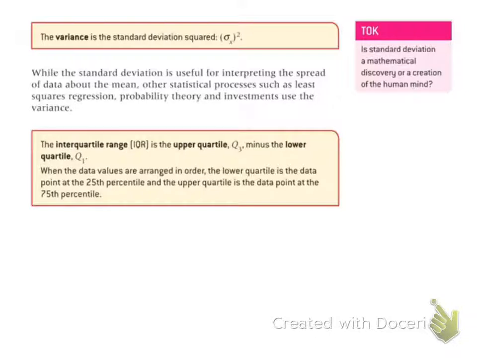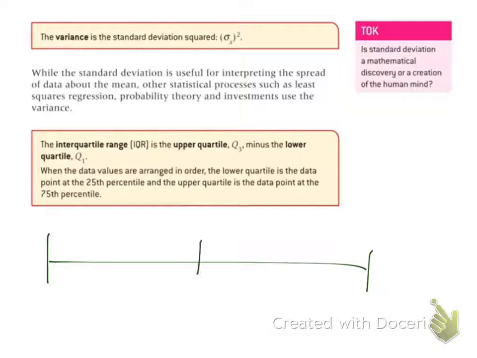Now, the last part here on this slide is called the interquartile range. The interquartile range, guys, is the upper quartile minus the lower quartile. You're probably thinking, wait a minute, I think I've heard of this before. Guys, if we've ever made a box and whisker plot, you have found upper and lower medians, upper quartiles. We call those medians because you have a group of data that has a max and a min.